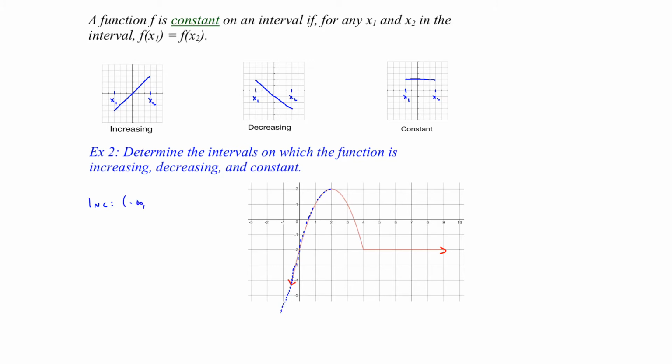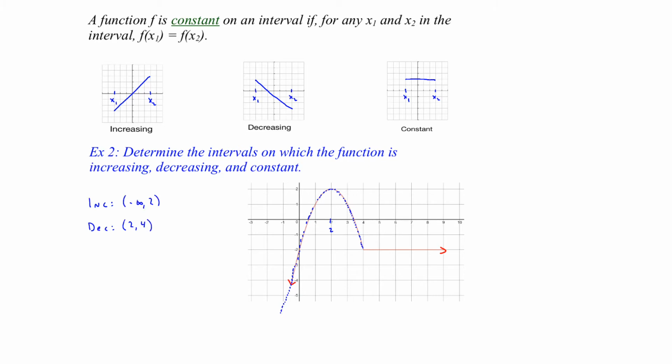From -infinity, x is increasing all the way until it gets to 2. Alright, and then what happens? Well, at 2, then, as you get larger x values, the y value is decreasing. So it's increasing from -infinity to 2. It's decreasing from 2 all the way to that point, which is at 4.